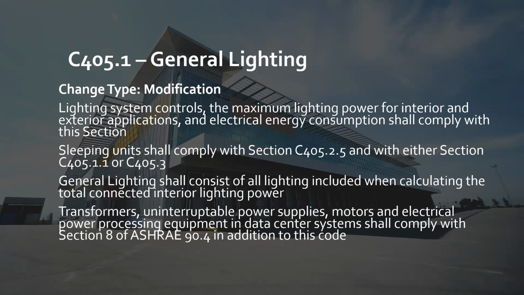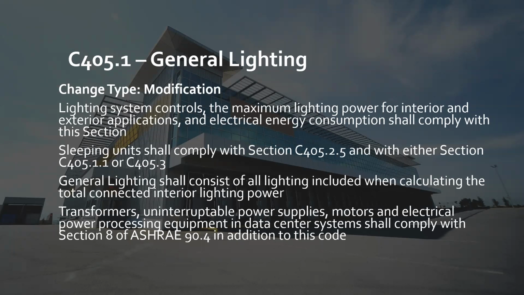General lighting shall consist of any lighting that's included when calculating the total connected interior lighting power. So if you're looking at design, you're looking at total interior power, and everything included is just considered general. And then transformers, uninterruptible power supplies, motors, and electrical power processing equipment in data centers shall comply with Section 8 of ASHRAE 90.4.